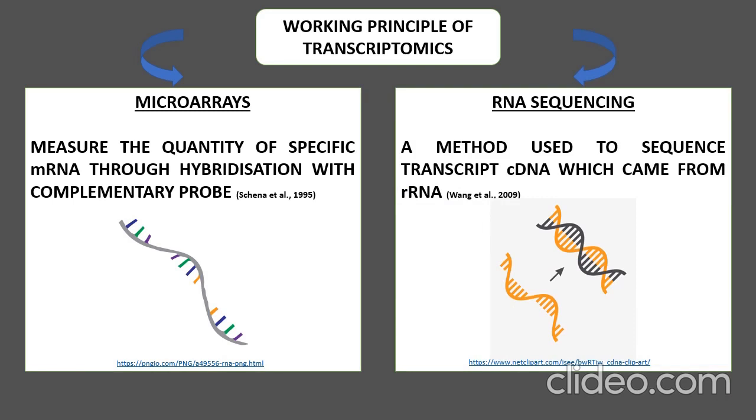So this method tells us about the sequence of the gene which is responsible for producing the mRNA, and also the location of the gene within the genome. So if we are more interested in the sequence of the gene responsible for producing the mRNA, RNA sequencing should be the method to be used.